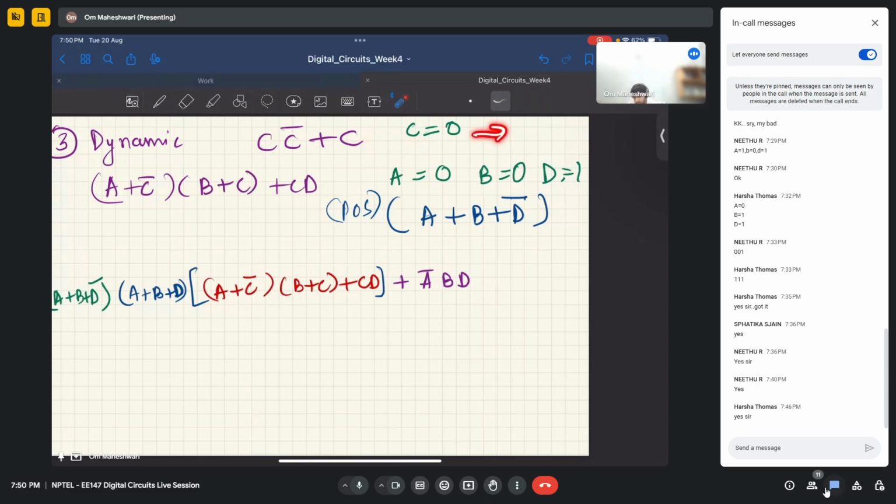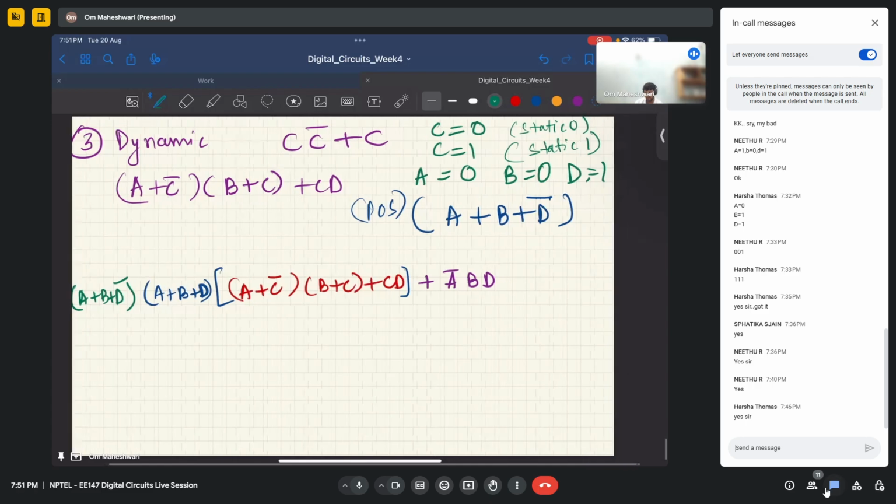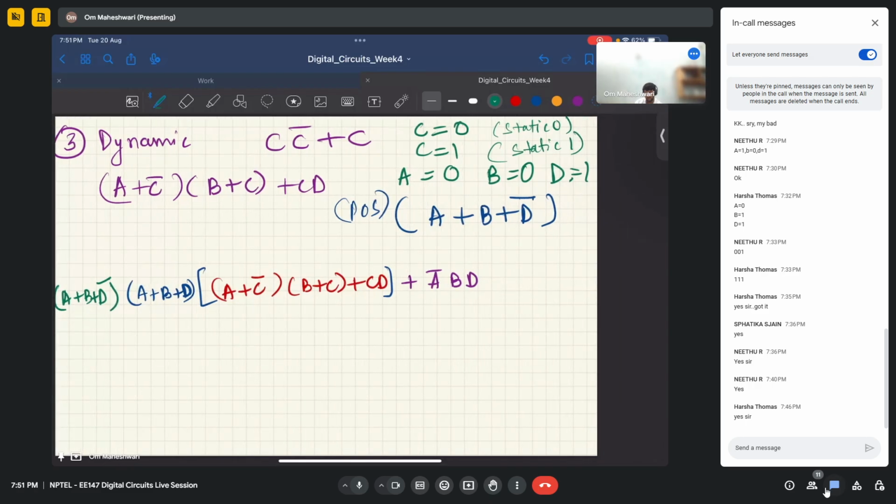So this changes into static 0. Or if C equals 1, this changes to static 1. By multiplying this, what we are doing is A0, B0, D1. So we multiplied this whole thing by 0.